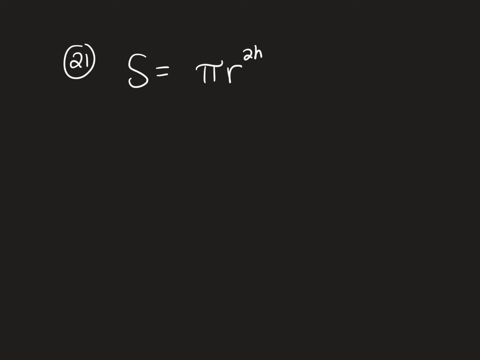Guys, when I ask you to solve for a particular variable, what I'm asking you to do is find a way to get that variable, just that variable, all by itself. So you really need to think about how you solve an equation for a variable.